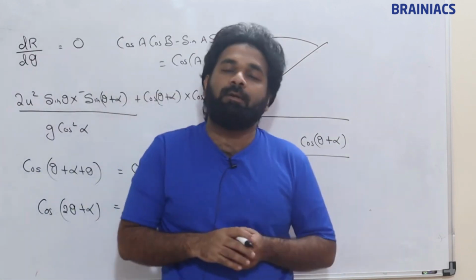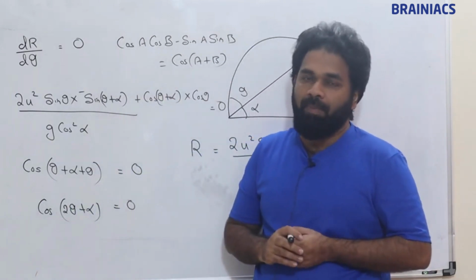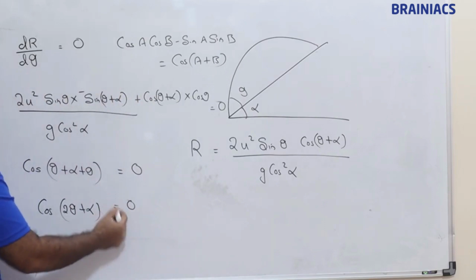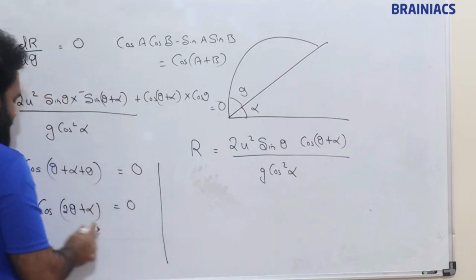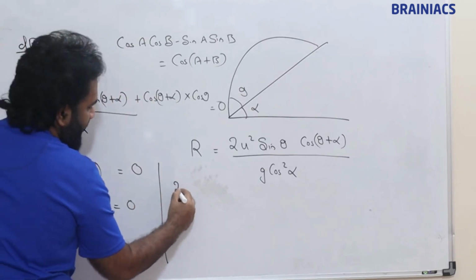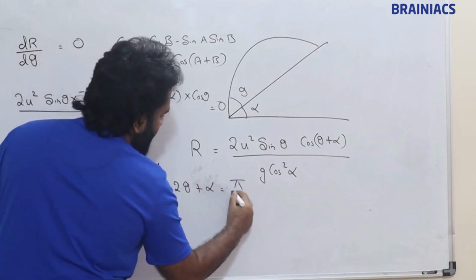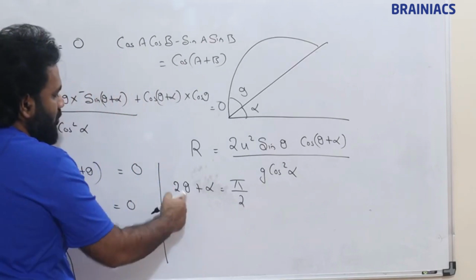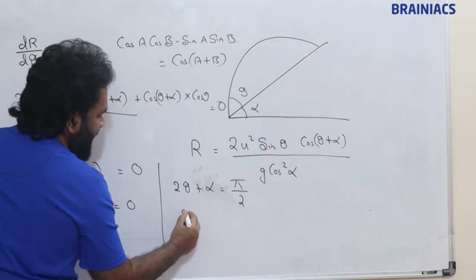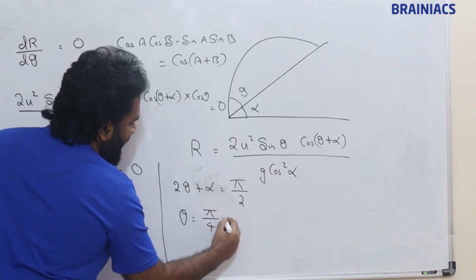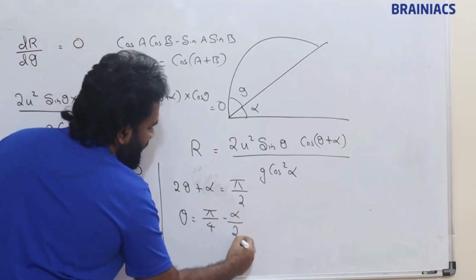So cos is equal to 0 when the angle is pi by 2. So I am using that here. 2 theta plus alpha is nothing but pi by 2. So from this I can write that theta is equal to pi by 4 minus alpha by 2.